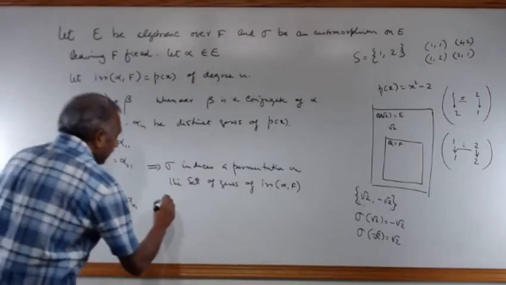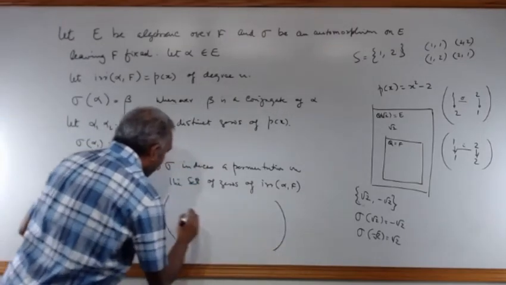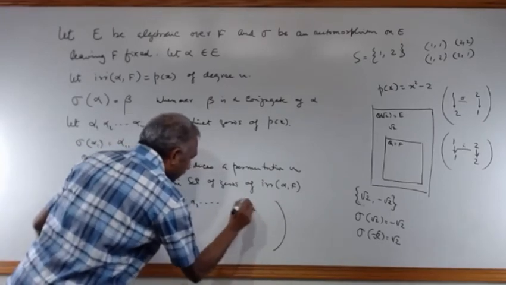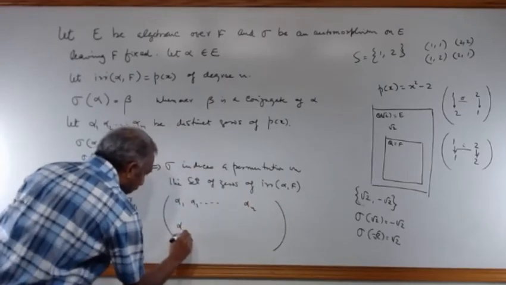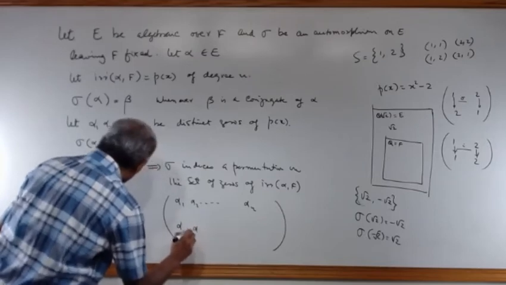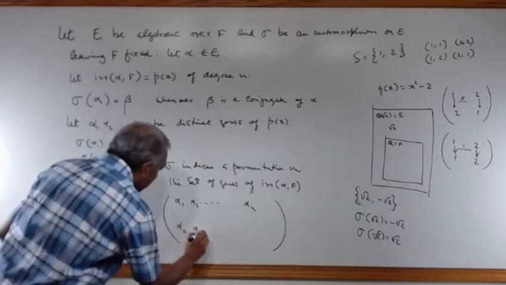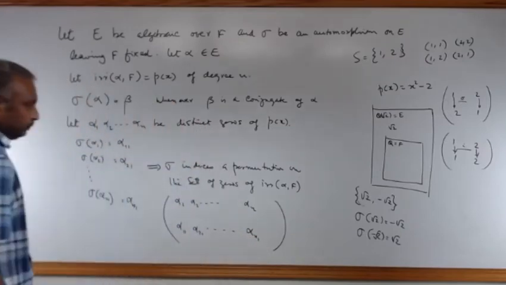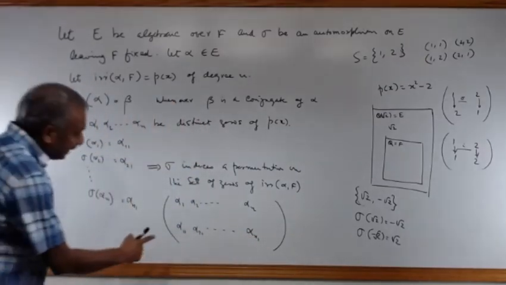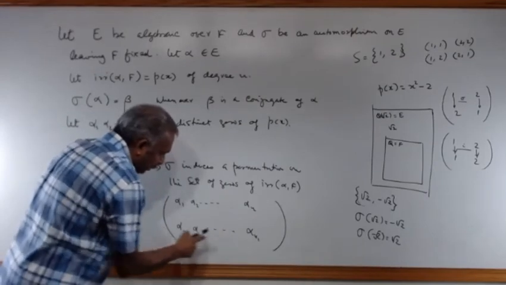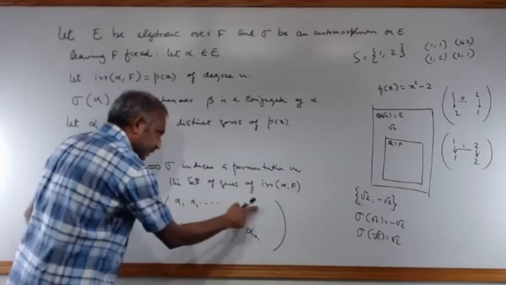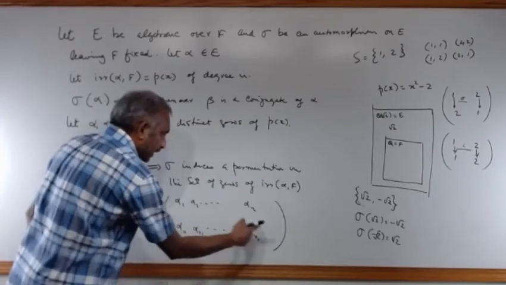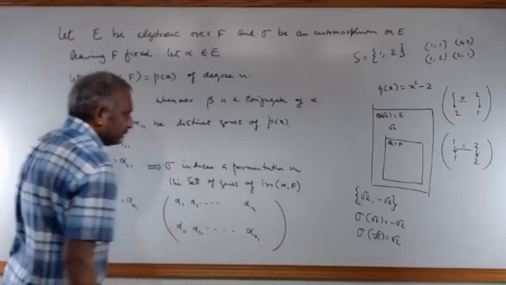So it will be something like this: alpha 1, alpha 2, up to alpha n on top, and their images below, which are actually the same as the top in a different order. That is how you define the permutation.